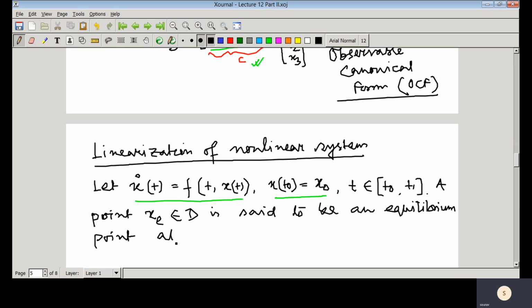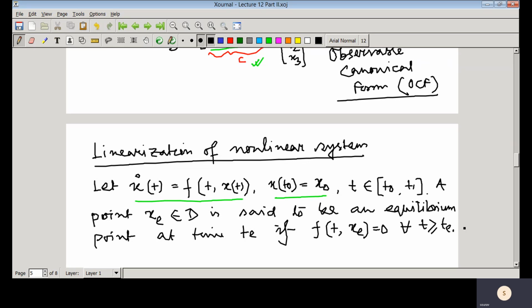It is an equilibrium point if f(t, xe) equals 0 for all time greater than or equal to te.